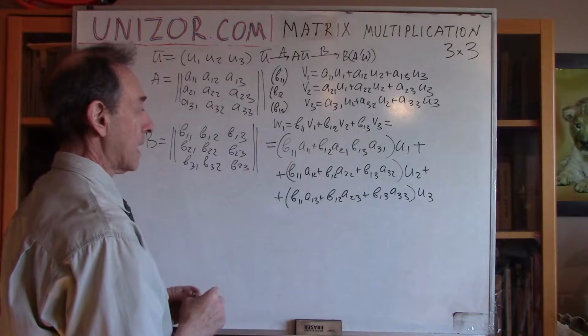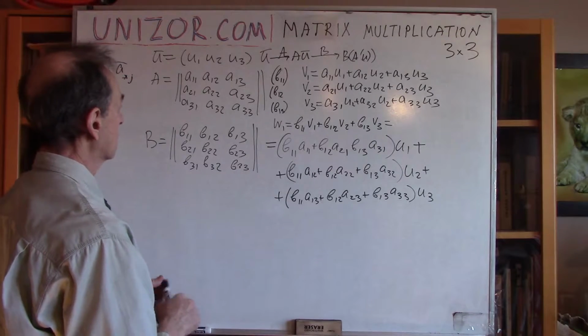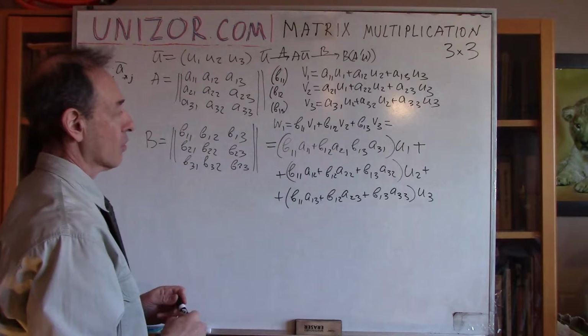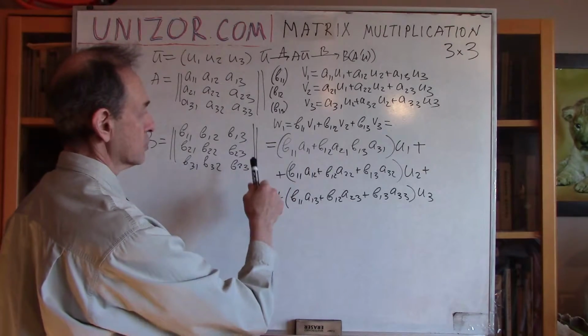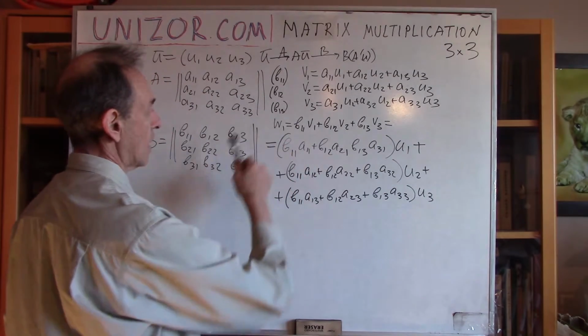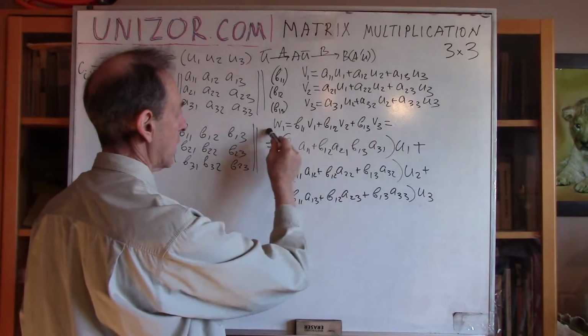Now, that actually made the first three elements in the first row of the resulting matrix which transforms U into W. Right? So this is all W1.